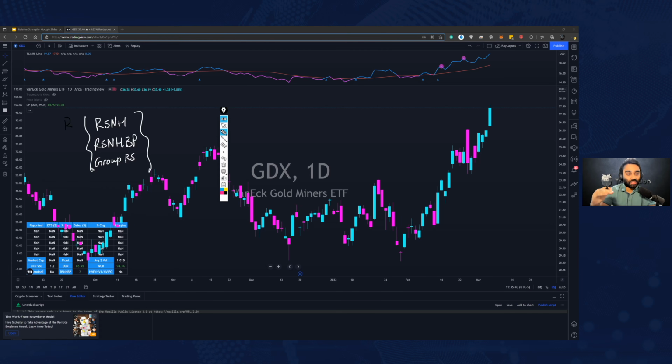That doesn't mean a stock that is a top stock in its group is going to be the top stock in the market, right? Those are two different things. So if you're comparing AMD to SMH, AMD might be the top stock within the SMH on a relative basis, but that doesn't mean that AMD is the top stock in the market, right?